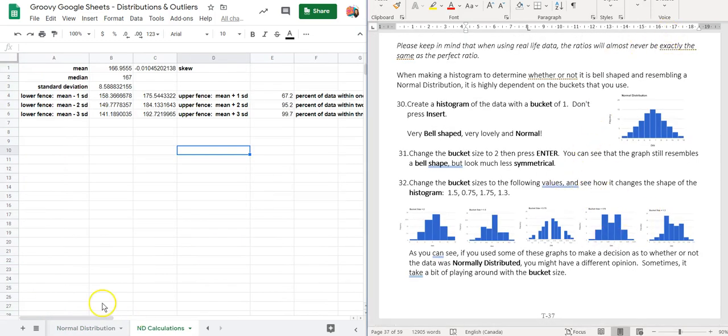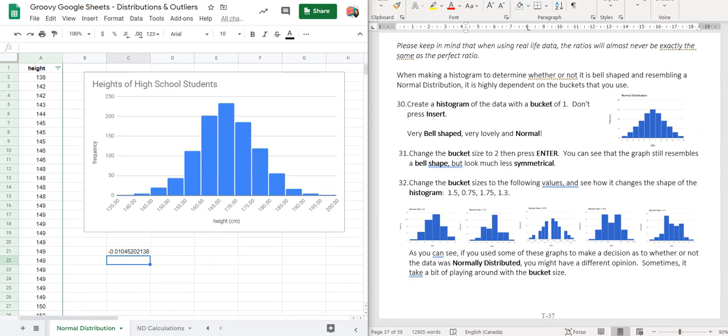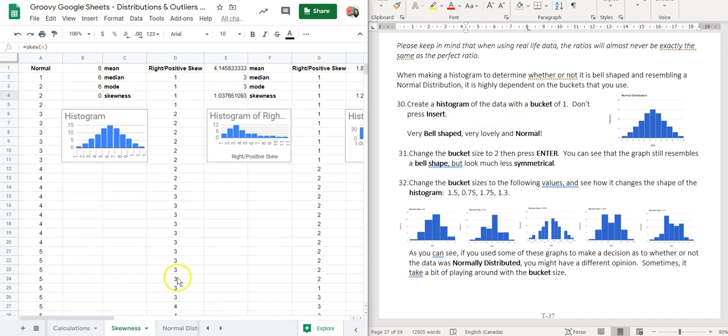So there's one more thing you need to take into consideration when looking at the graph. The bucket size makes a big difference, as well as even just the beginning value and the end value. So go back to the skewness tab and let's take a look at this normal distribution here.